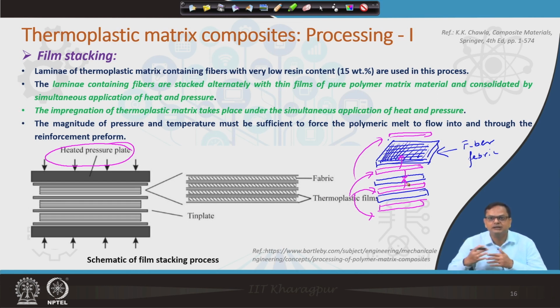In between those porosities, the thermoplastic material goes in because of application of temperature and pressure, and then ultimately it gets densified. Once the heat is removed, it gets solidified, and then you get this composite material, which is basically a thermoplastic polymer matrix, and this kind of fibers will be there, okay. So, that is film stacking.